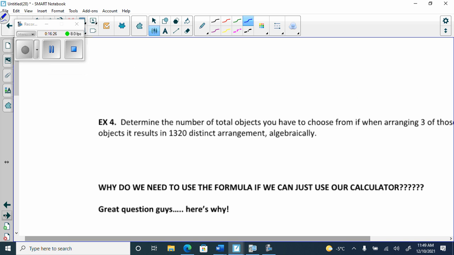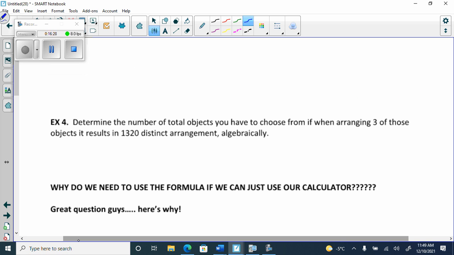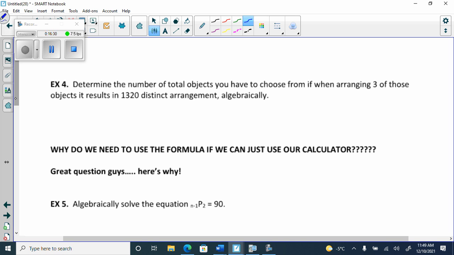Okay. Let's go here. So, this is where that formula comes in handy. Are you ready? Determine the number of total objects you have to choose from if, when arranging 3 of those objects, it results in 1,320 distinct arrangements. So they want the number of objects.